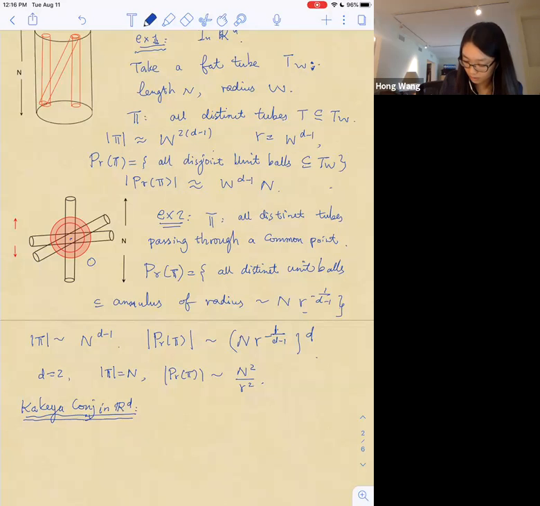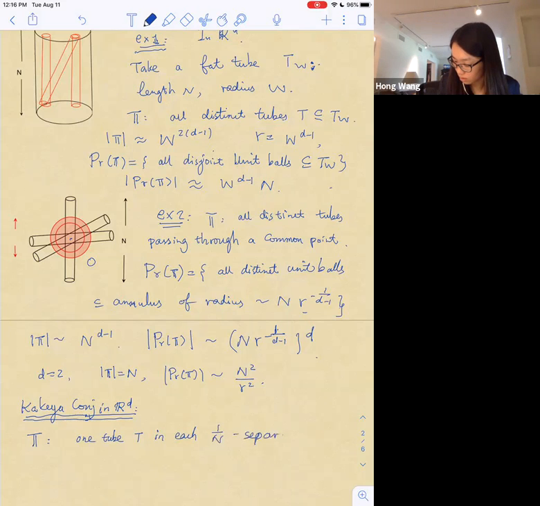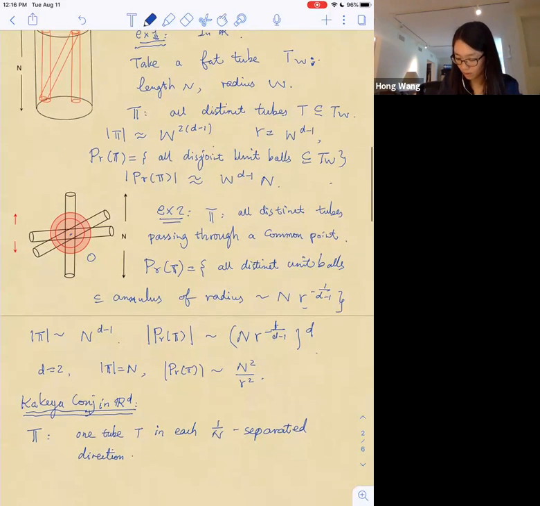If we take the set of tubes T to be such that there exists one tube in each 1 over r separated direction, then what can we say about the number of r-rich balls?